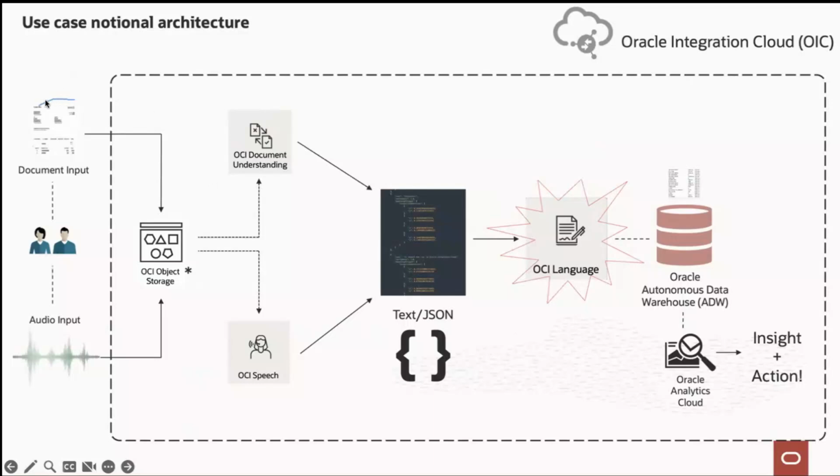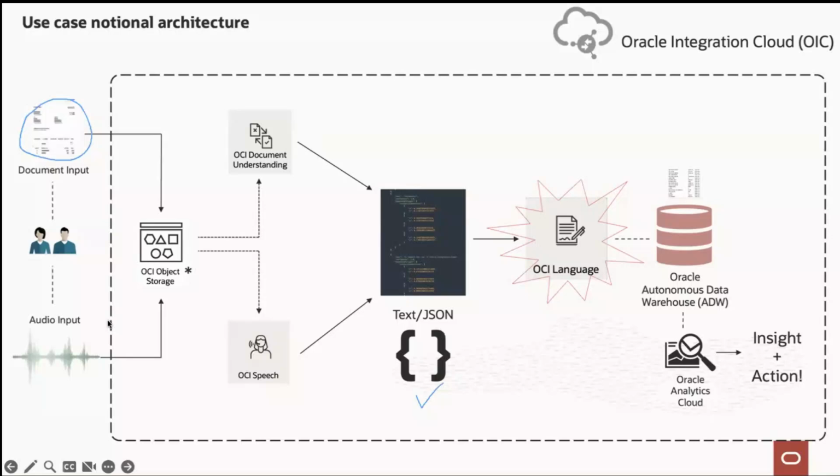So it could be something like I'm reading in documents from an email. My customers or my vendors are sending me certain documents, and I'm just going to download those documents, and then ultimately we are converting them into text or JSON format to feed into OCI language.